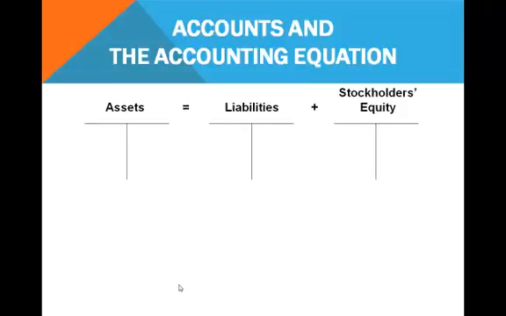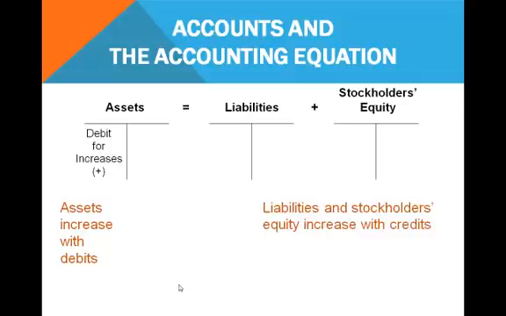Now, let's talk about the accounts and the accounting equation. Assets increase with debits. How are you going to remember that? Assets are on the left or the debit side of the equal sign. So they're going to increase with debits. So we debit them for increases. We also have to think about what's on the other side. Liabilities and stockholders' equity increase with credits because they're on the credit or the right side of the equal sign.